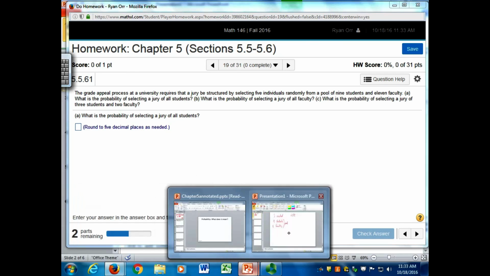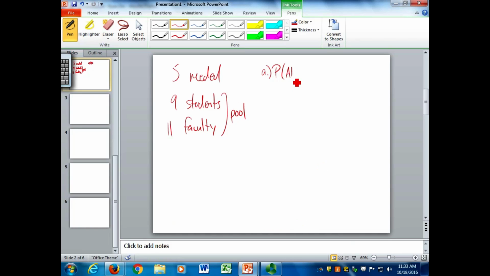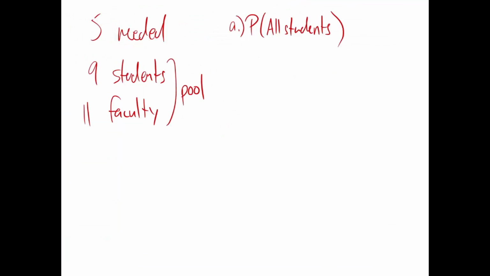Now, is there a way we could tackle this without necessarily having to do any counting at all? Can anybody think of a way we could do that? Well, we could do a combination. We could do it with counting. I'm saying there is a way to do this without counting. So you say, what's the probability of picking?